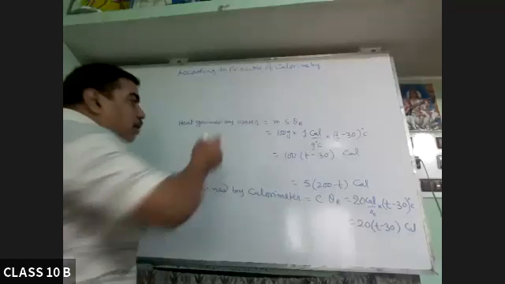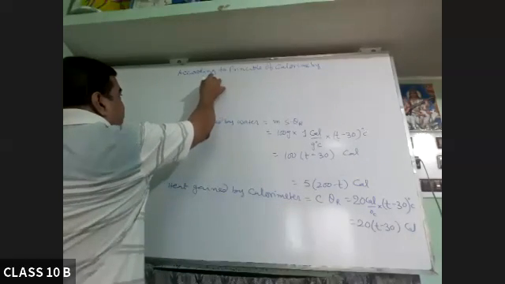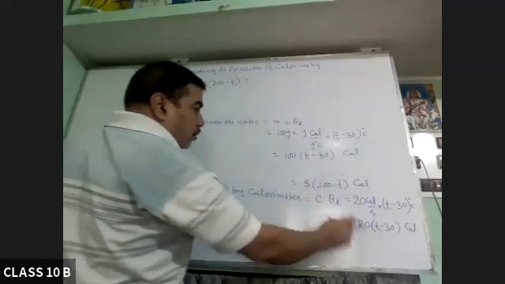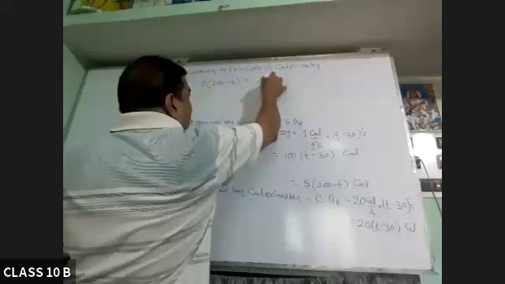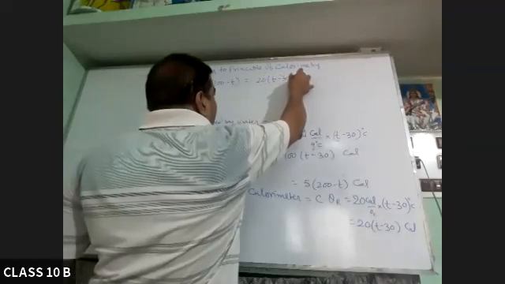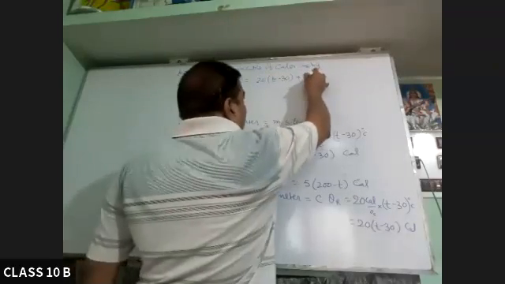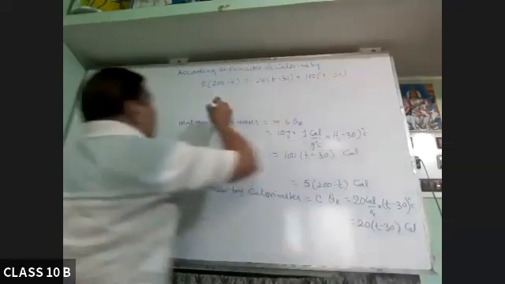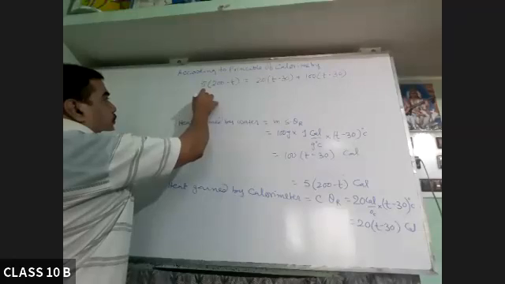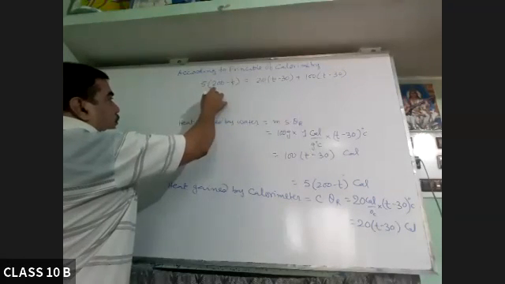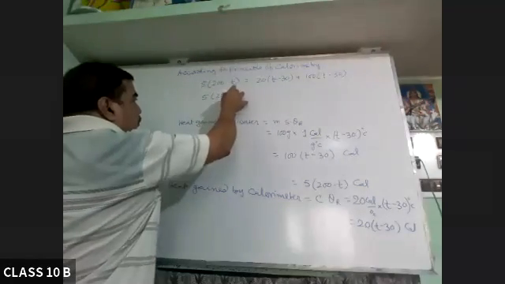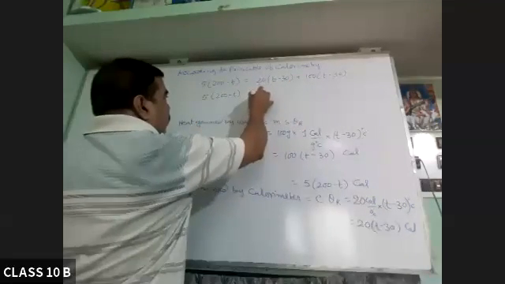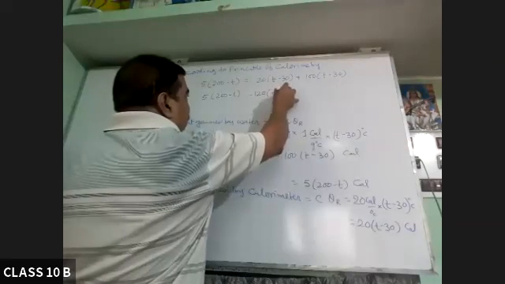So heat lost by the copper ball, that is 5 into (200 minus T), must be equal to 20 into (T minus 30) plus 100 into (T minus 30). So T minus 30 we take common, then 100 plus 20, so it will become 120 (T minus 30).